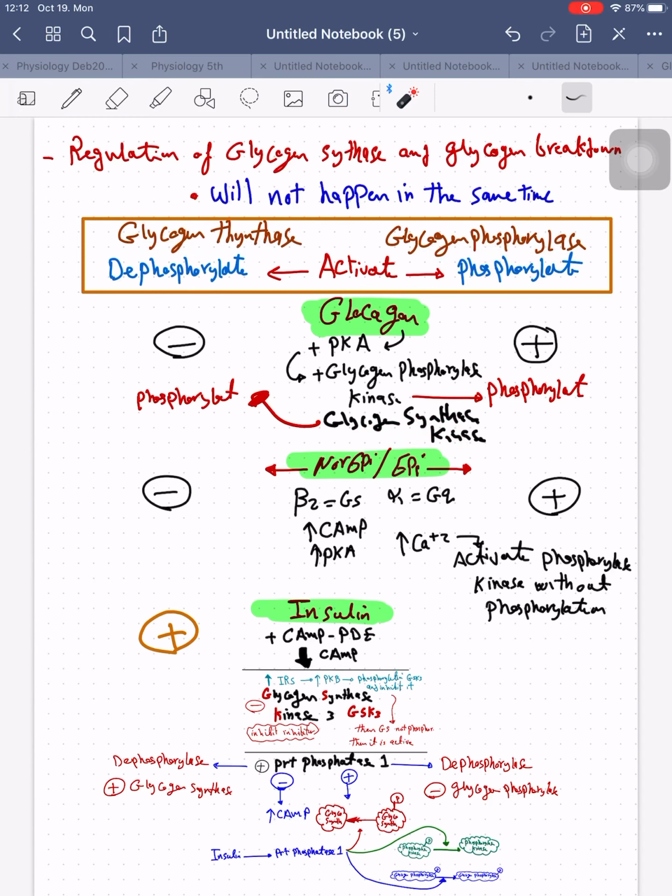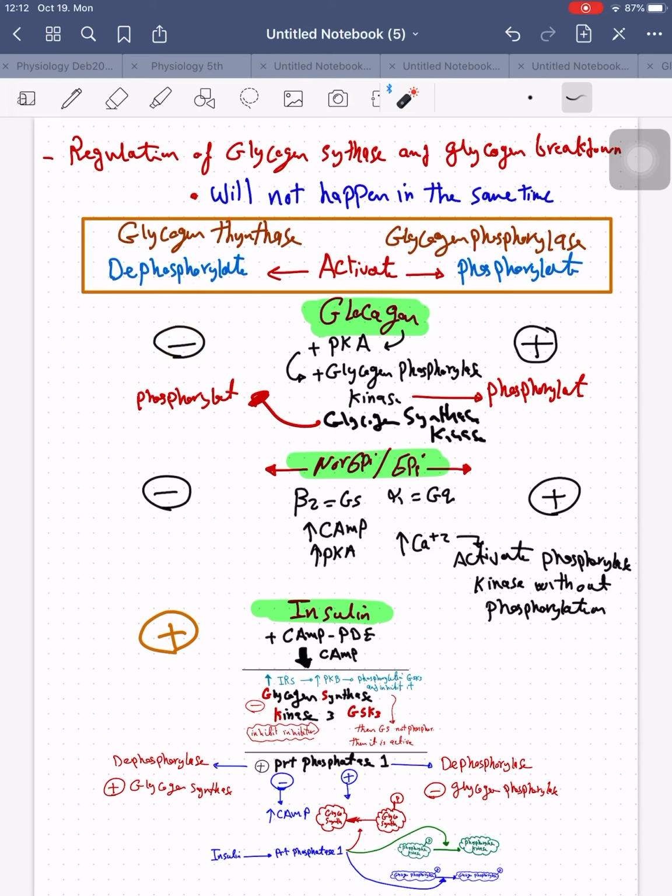If I add a phosphate to glycogen phosphorylase, it works to break down. If I add a phosphate to glycogen synthase, it stops working.